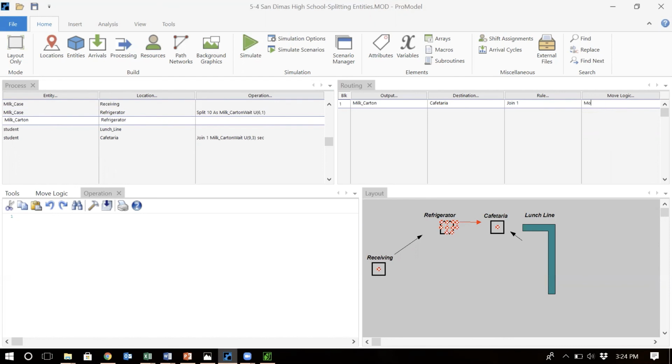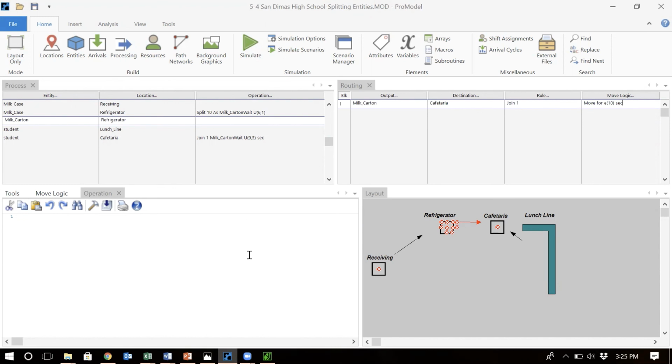So here I need to write move for E10, and then I also need to put the unit of time, which is seconds. Otherwise, the simulation would consider this as 10 minutes. So if the move time is in seconds, make sure to write SEC, the unit of time, next to it, so that the simulation treats this time as seconds.